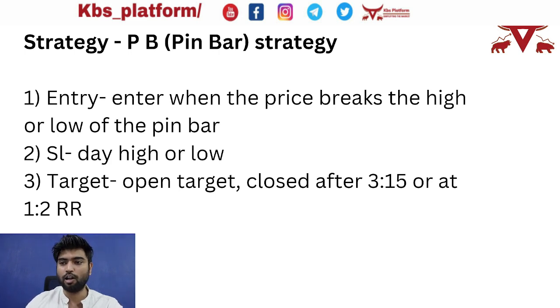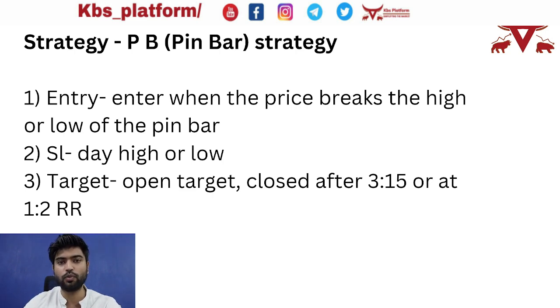Now comes the stop loss. For example, we have found a pin bar candle in the previous session and it was formed at the day high. So we would be taking an entry once the previous day's pin bar candle high is crossed today, plus our stop loss will be the day low of today's session.